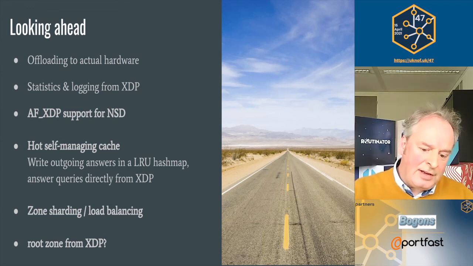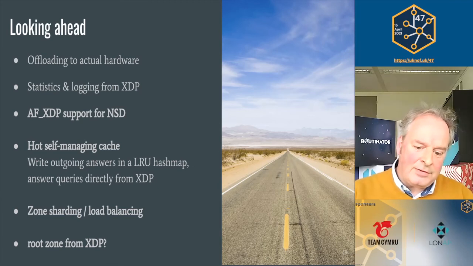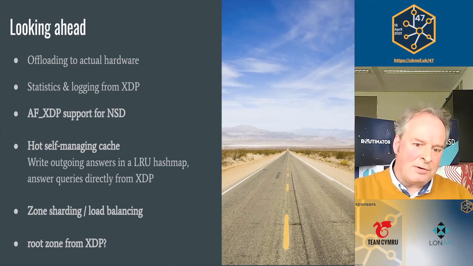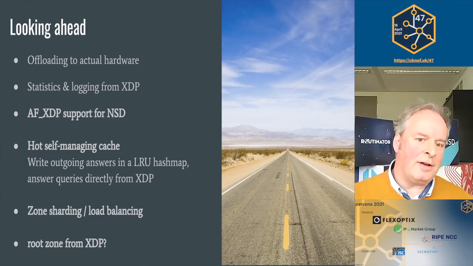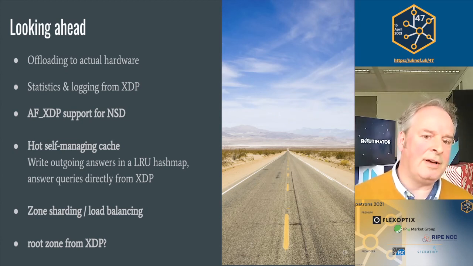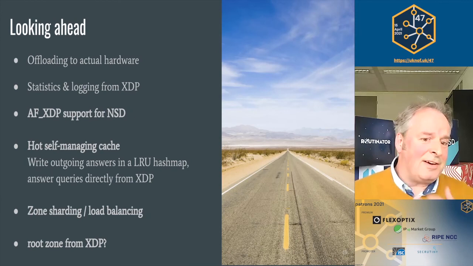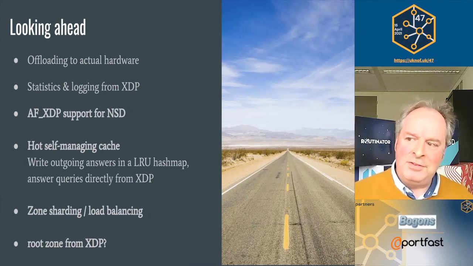So at the TC layer, register the outgoing packets, store that in a map, and then on the incoming XDP program, see if it's already in this map, and just answer the query from the XDP, which would be a very nice feature. Load balancing and the root zone from XDP is also on our wish list.